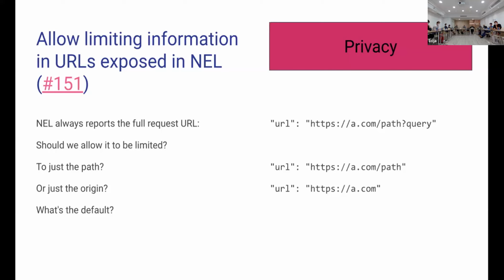You might want to report the entire URL with path and query parameters. Is it just important to you to report the path, or maybe just the origin? And you might, as a site owner, have opinions about your site as to what is sensitive information and what you want being sent out in these reports. And of course, if you do that, then the question comes, what's the default?